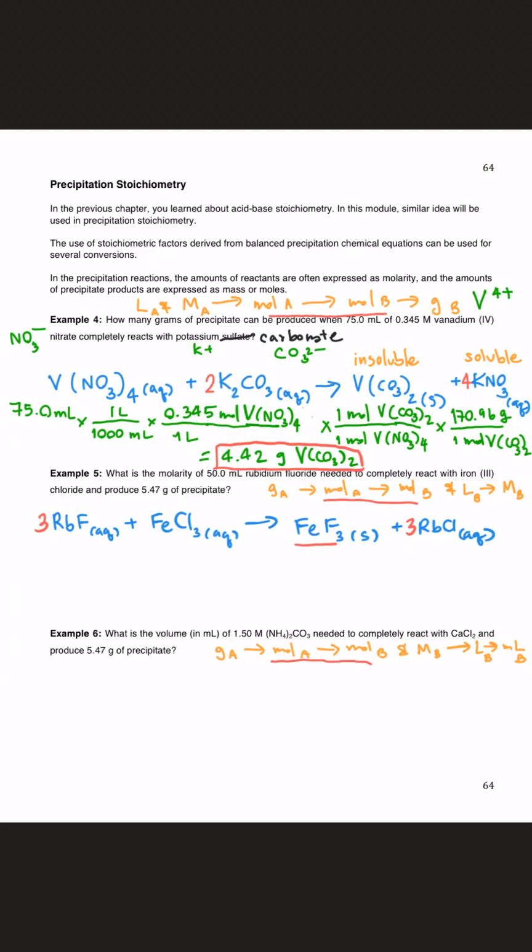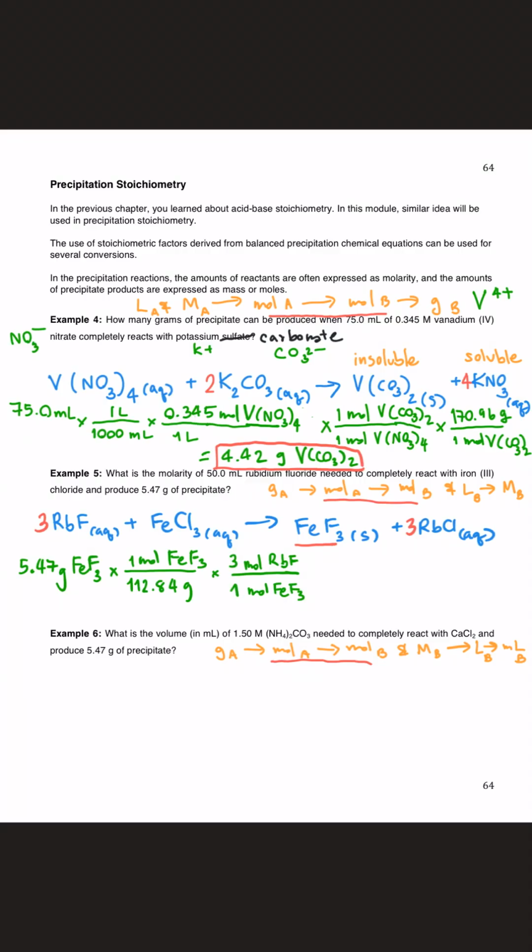Example 5 gives the mass of the precipitate, which is the iron(III) fluoride, and asks for the molarity of rubidium fluoride, which is this reactant right here. Therefore, what we need to do is first convert grams of iron fluoride into mole of iron fluoride by using its molar mass. Then convert the mole of iron fluoride into the mole of rubidium fluoride by using the stoichiometric ratio.